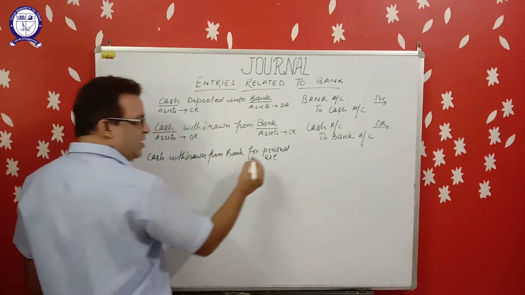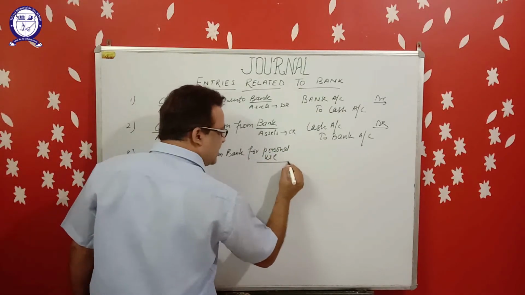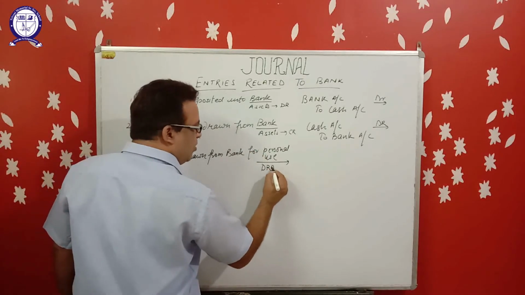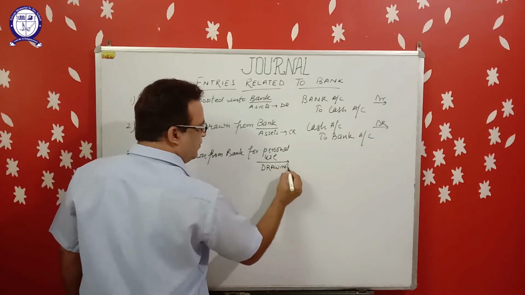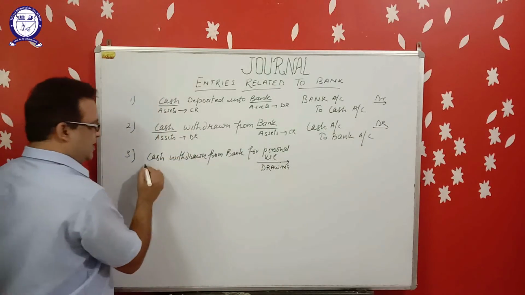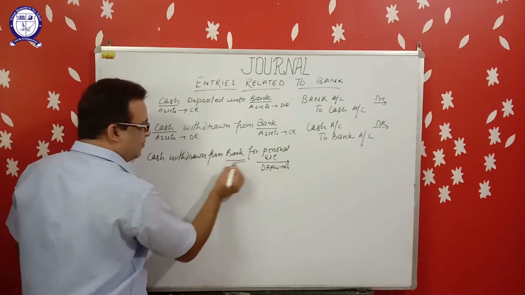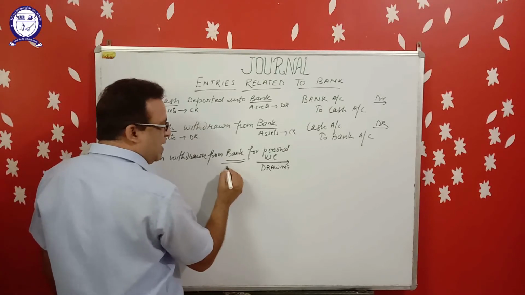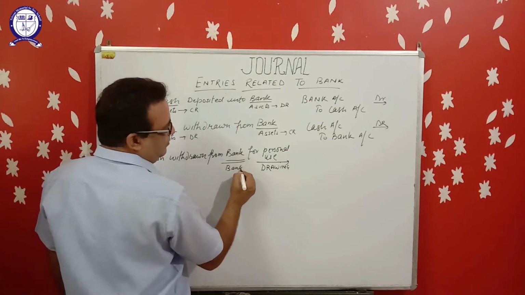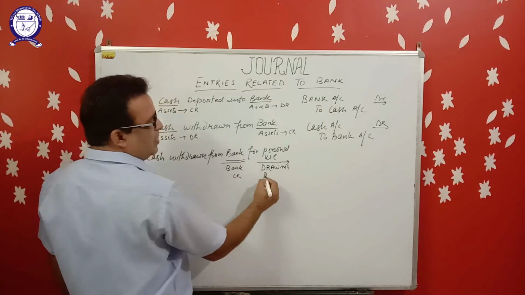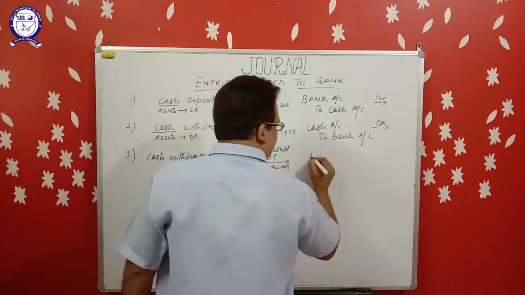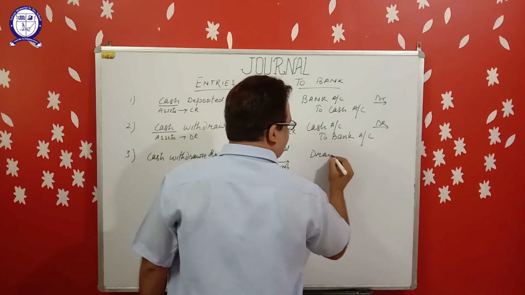When personal use is given in the question, that means drawing account is affected. Second account, bank. Bank balance is reducing. Drawing account will be debited, and bank balance is reducing. That's why bank account is credited.